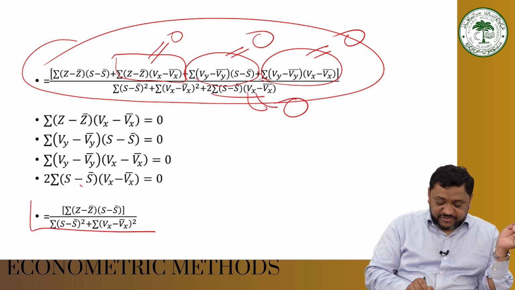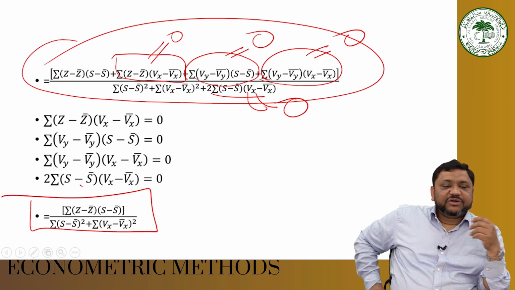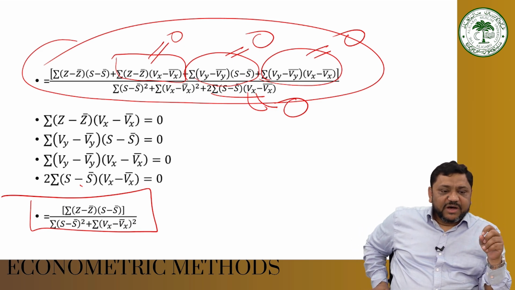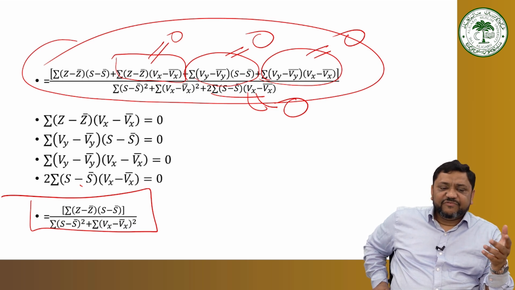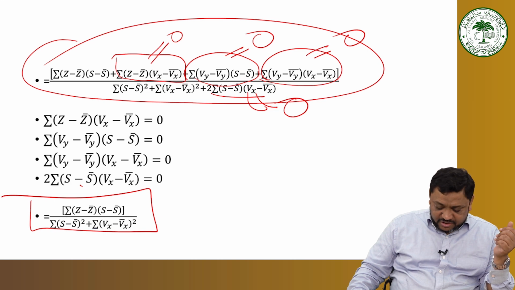So finally we are left with summation z minus z bar multiplied by s minus s bar divided by summation s minus s bar whole square plus vx minus vx bar whole square. This is what we are left with.